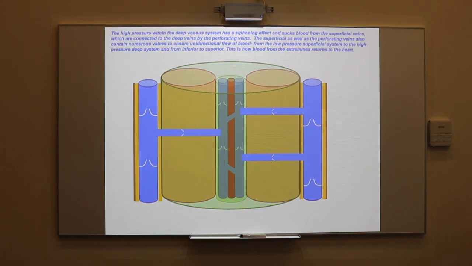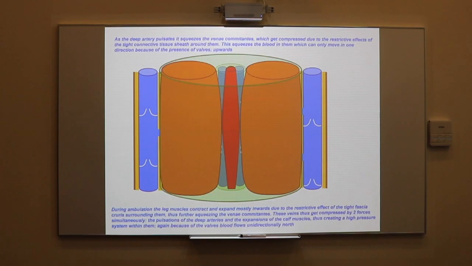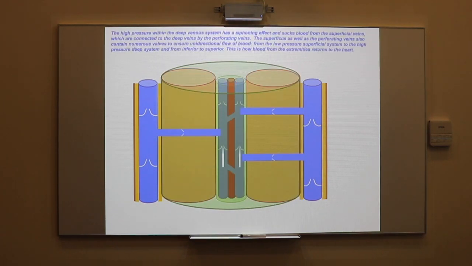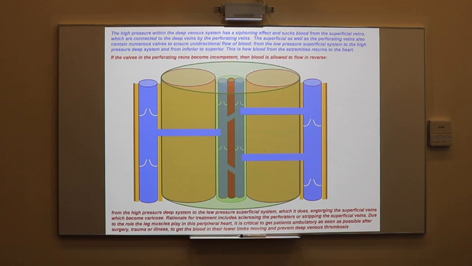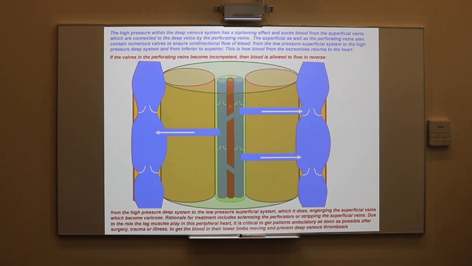But if your valves become incompetent, then the blood will move from the high pressure deep veins to the superficial veins, leading to varicose veins. Thank you.